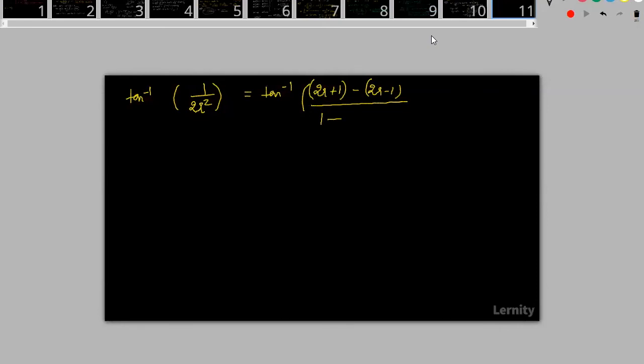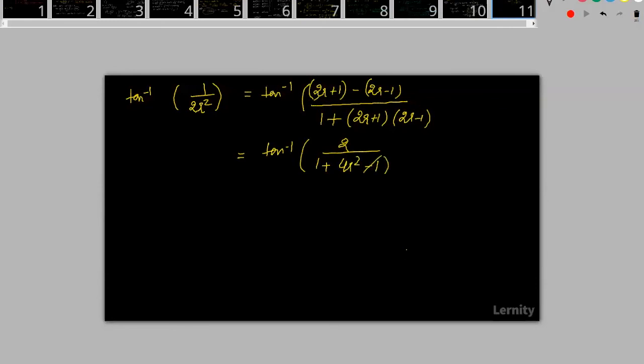Okay, fine. So this is 2r plus 1 and 2r minus 1. So I can write this as 2r plus 1 into 2r minus 1. Now see, if I write this, this will become tan inverse of, r and r will get cancelled, this will become 2 in the numerator, and this will become 1 minus 4r square, 1 plus 4r square minus 1.